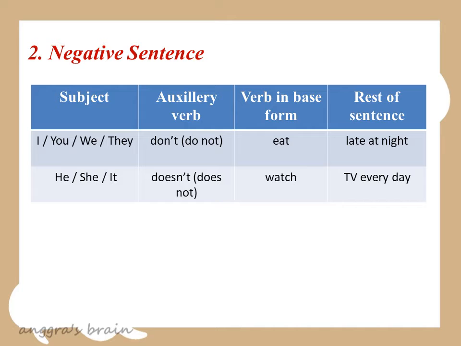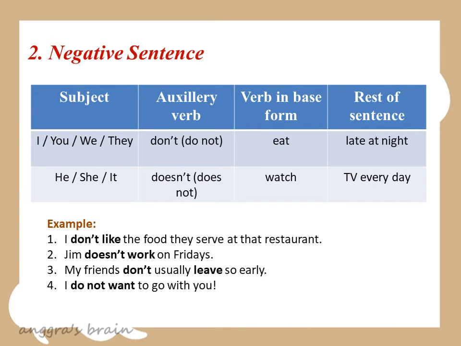I have some examples for you. The first one is I don't like the food they serve at that restaurant. The second one is Jim doesn't work on Fridays. The third one is my friends don't usually leave so early.